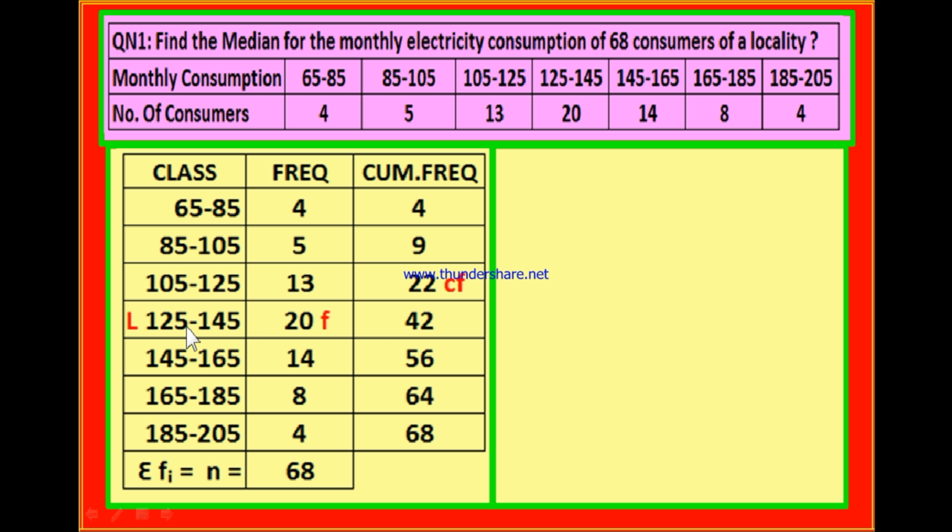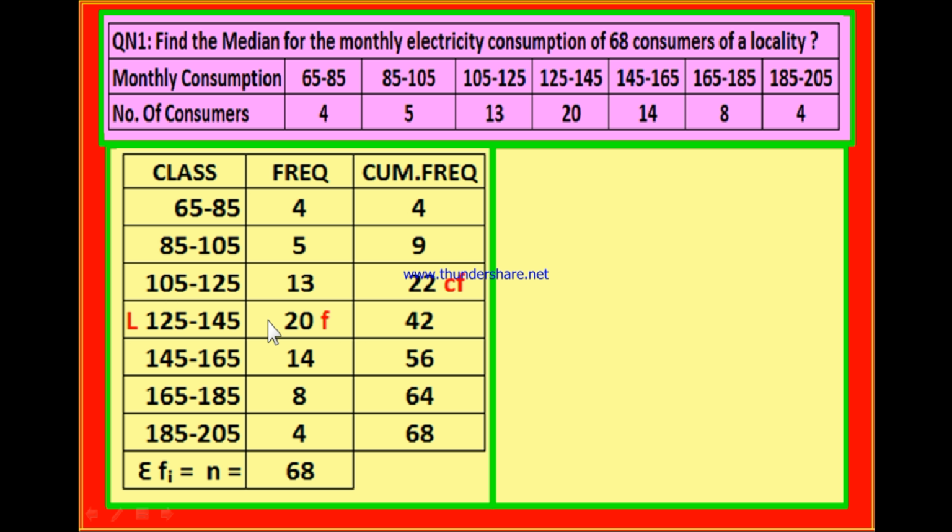If this is the median class, then the frequency of the median class is denoted by small f, the lower boundary of the median class is denoted by L, and the cumulative frequency above the median class is denoted by CF. CF stands for cumulative frequency, F stands for frequency, and L stands for lower boundary.